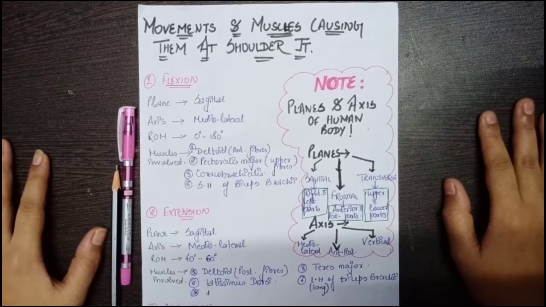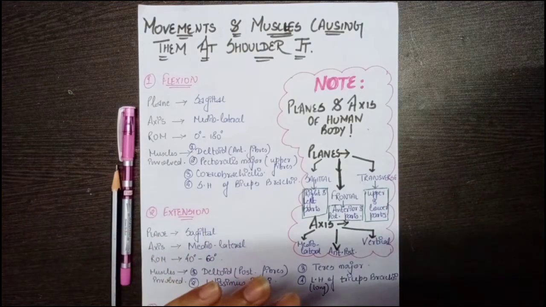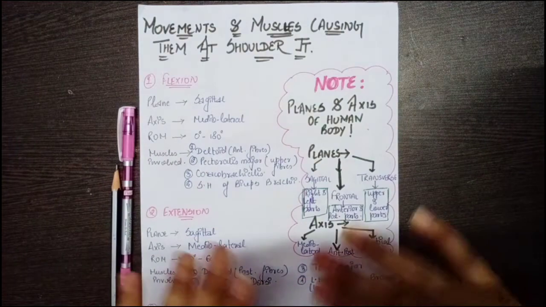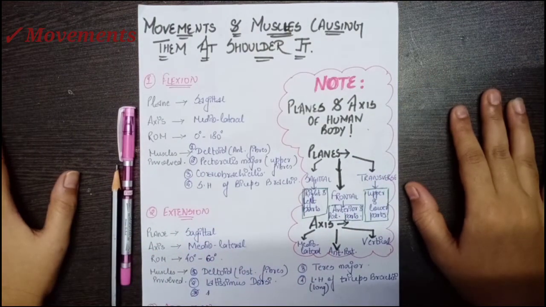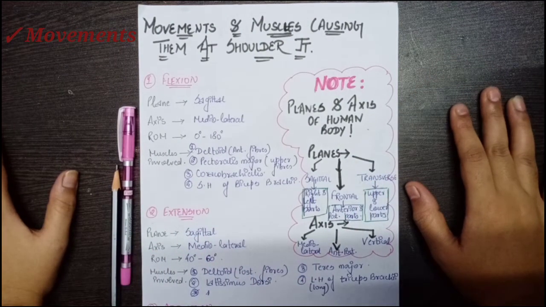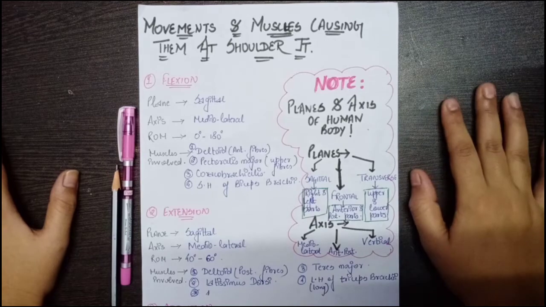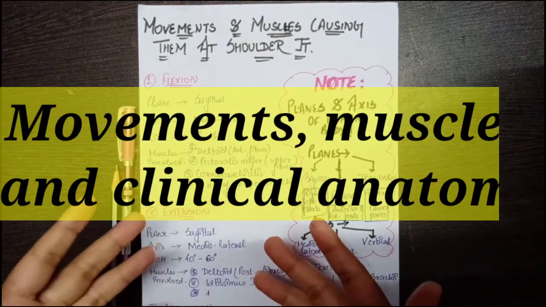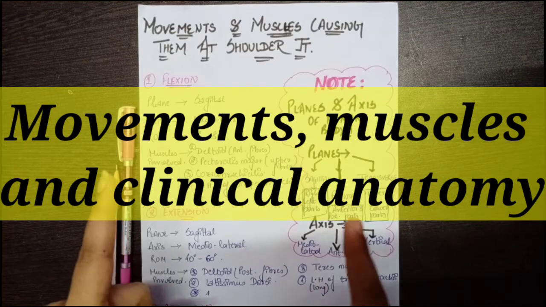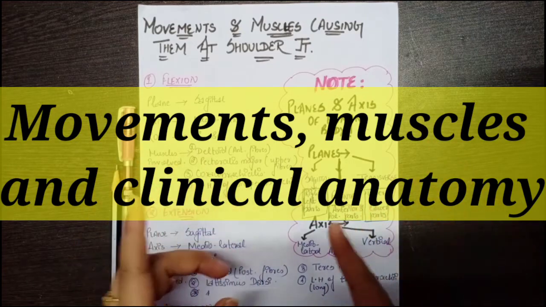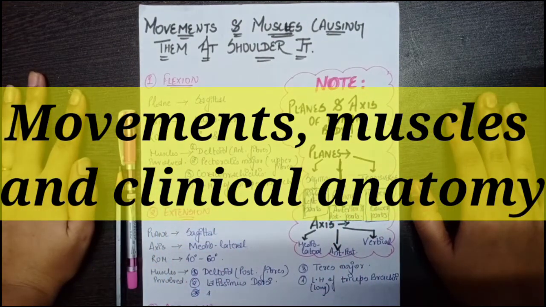And in the second part video, we talked about the relations of the shoulder joint, the blood supply, the nerve supply, and we just went for the overview of the movements, and I said that movements, the muscles causing those movements and clinical anatomy would be taken in the next video. So here I am with the third part video in which we are going to talk about the movements of the shoulder joint and the muscles causing the movements at the shoulder joint and also the clinical anatomy of the shoulder joint.